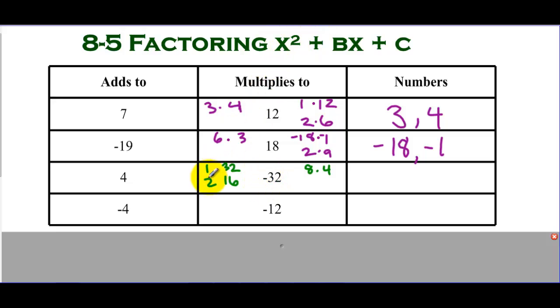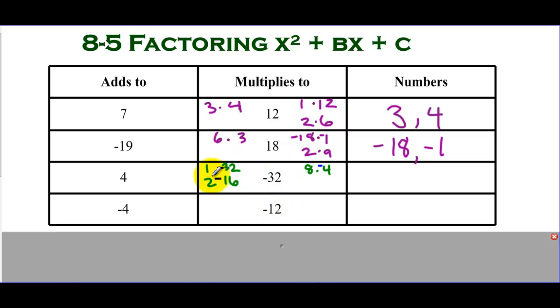The only way to make that happen is if one of the pair of numbers is negative. For example, 1 and negative 32 multiplies to negative 32. 2 and negative 16 works. 8 and negative 4 will work. One of the two numbers needs to be negative, and the other one has to be positive, in order to get this negative result.